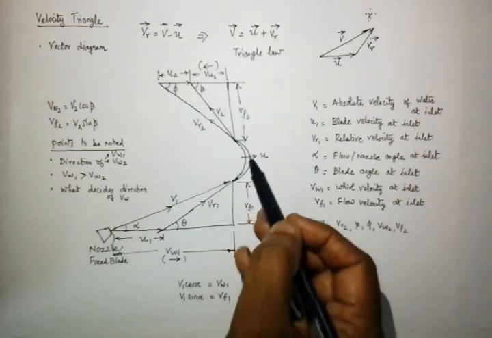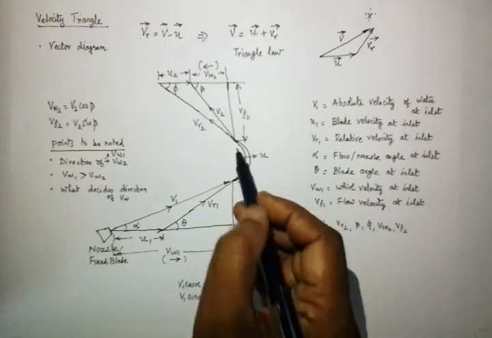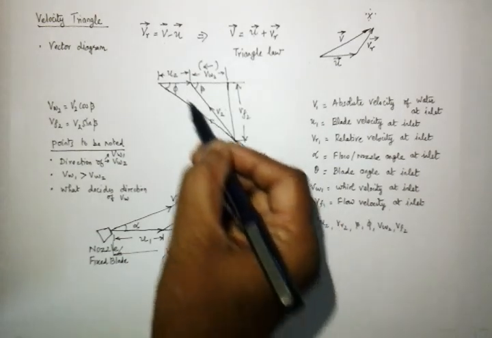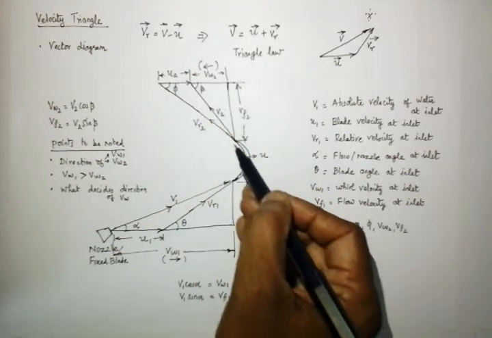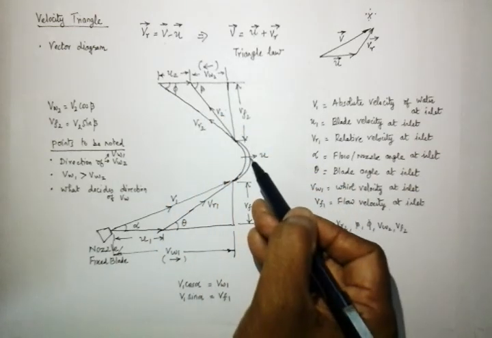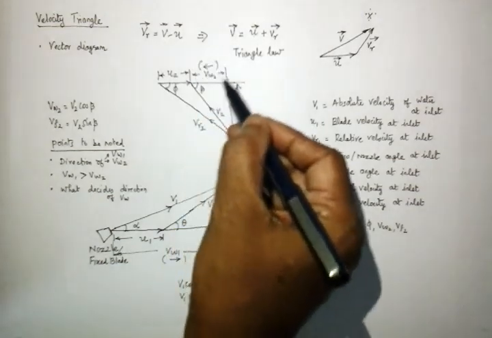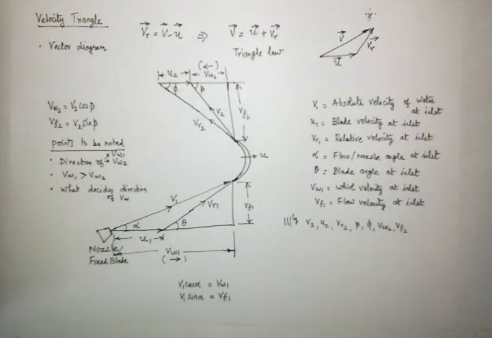If you keep changing the blade shape or blade curvature, VR2 changes, because it has to be tangential to the curvature. If this changes, automatically this also will change, and so VW2 will change. These things we have to keep in mind. Let me stop here.